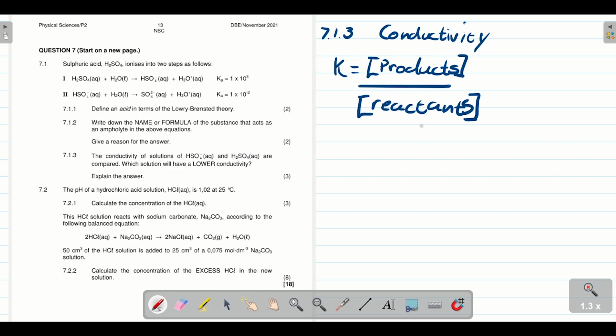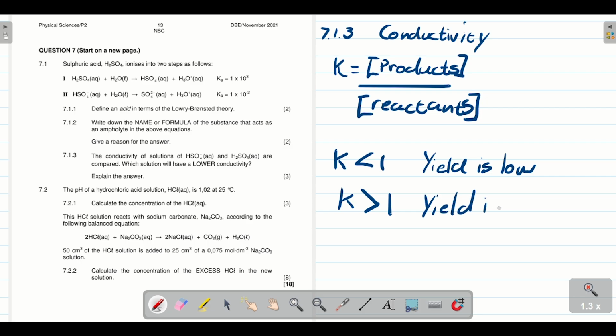If we have a high concentration of reactants over products, our K value will be between 0 and 1, so it will be less than 1. And if we have a high concentration of products over reactants, we'll have a really high K value, greater than 1. In the first case, this means that our yield is low, and in the second case, our yield is high.